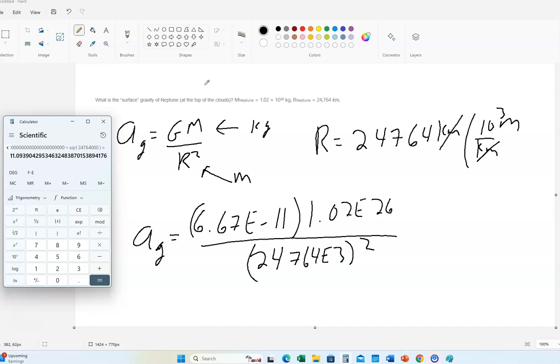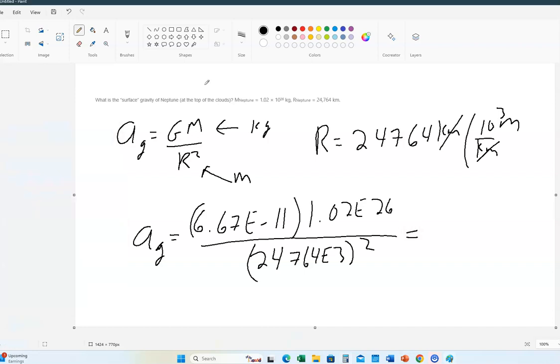So it would be 11.1, because it's 11.09, and of course the answer is in meters per second squared. So that's the correct answer.